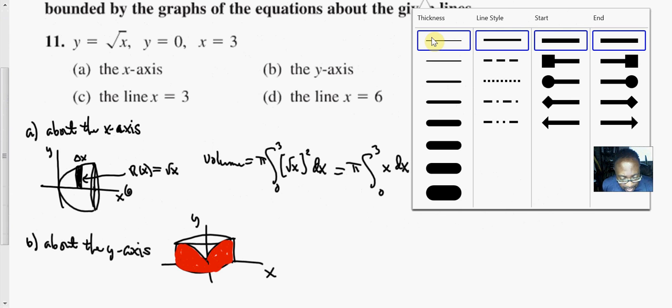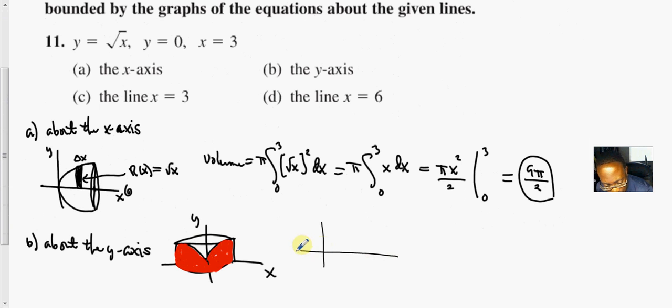So if that be the case, now what I'm going to do is just come over here and just draw the part that we can catch. X-axis, the y-axis. And since we're rotating this about the y-axis, draw that a little bit better so you can see it.